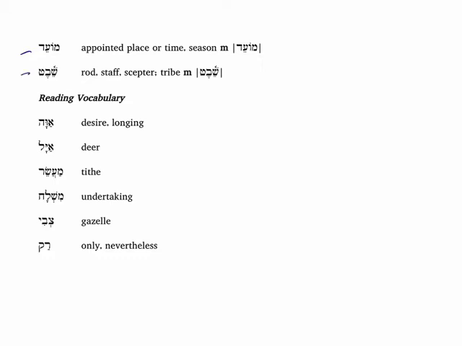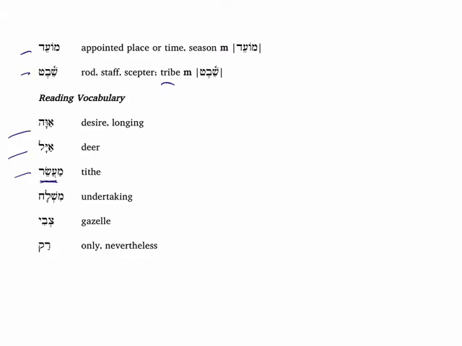Shevet, a rod or a staff, such as a man might carry when he's walking, or it can mean tribe. And then some vocabulary that is found in our reading text. We have avah, which means desire. It's a noun. The noun ayal, a deer. Maaser, a tithe.